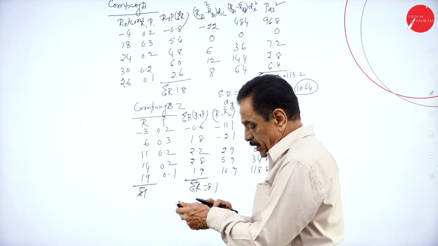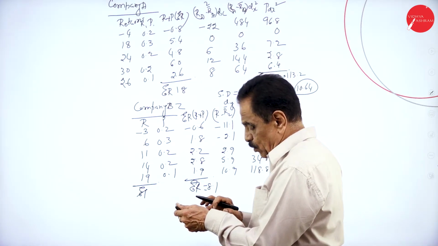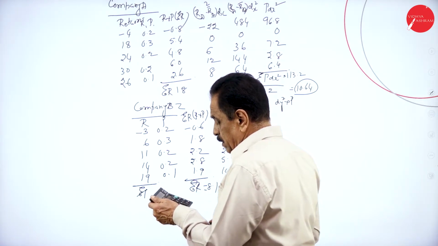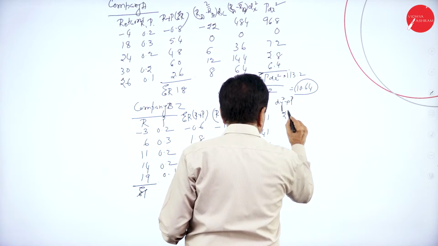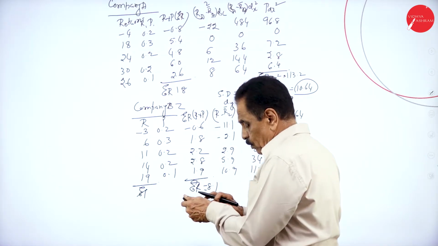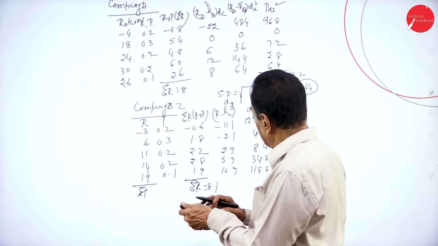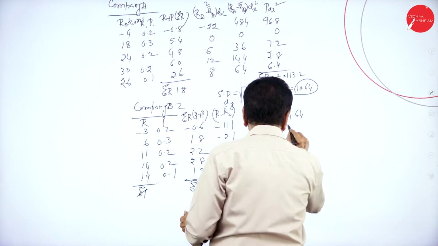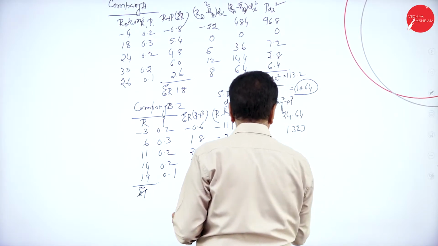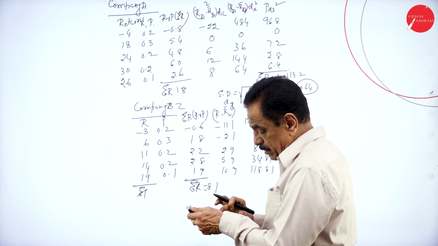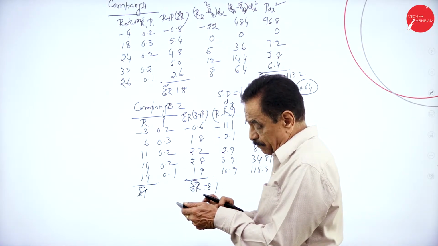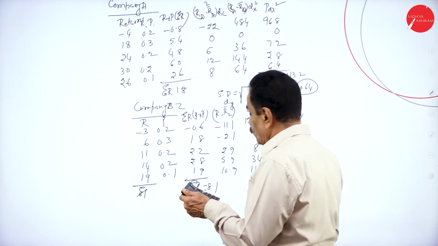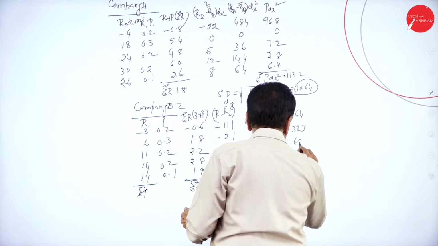So 123.21 into 0.2, 24.64. 4.41 into 0.3, 1.323. 8.41 into 0.2, 1.682.